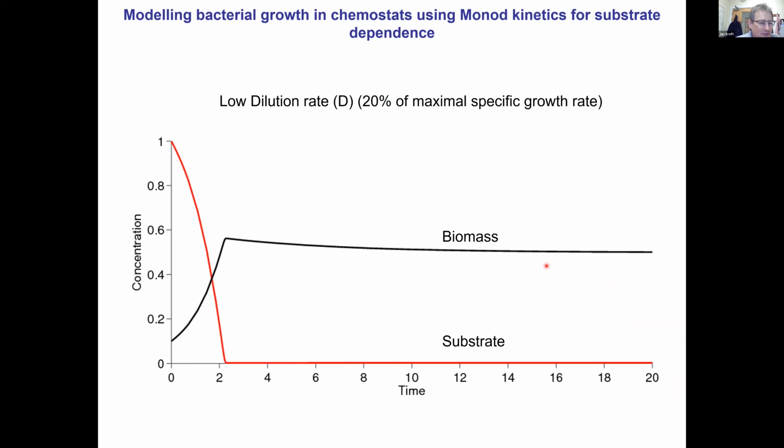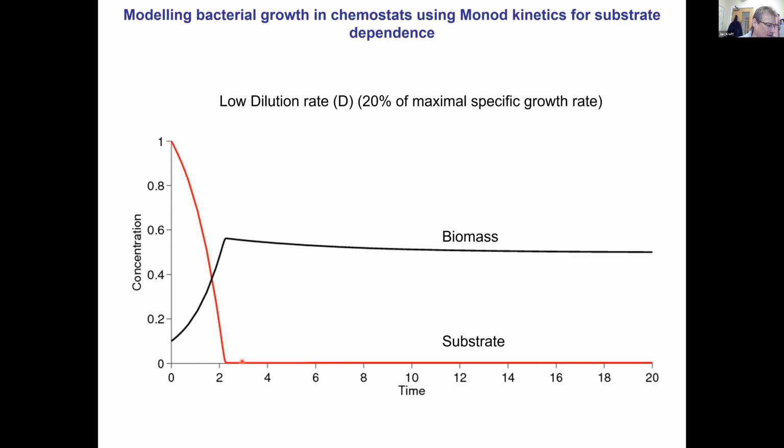So here's one example of how the system changes over time when you start with a high concentration of nutrients and you add some biomass. The biomass will grow, but it will grow by consuming the substrate. So the substrate levels go down while the biomass goes up. And now, because the growth rate of the biomass depends on the substrate concentration, the specific growth rate will decline while the substrate concentration goes down, and it will reach a level that is very low, but not zero.